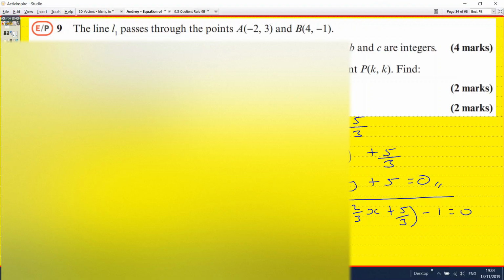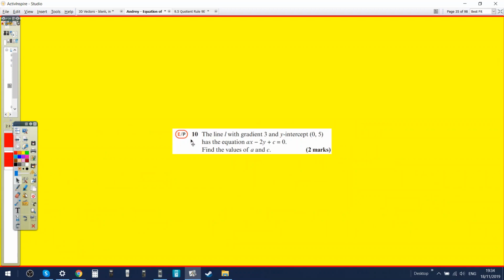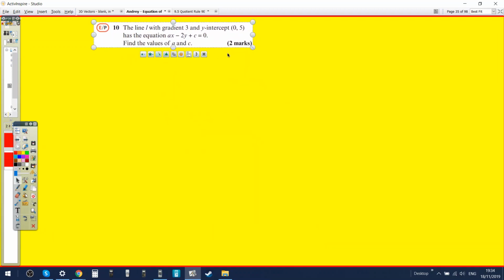So it's gradient and y-intercept. Straight line graphs. And this is question 9. It's fine. I'm not going to overthink it. Okay. You're good. This one.